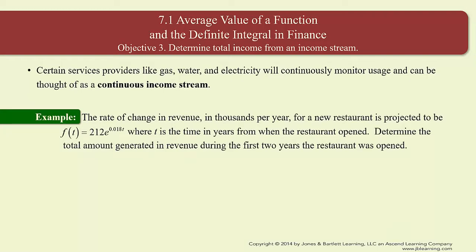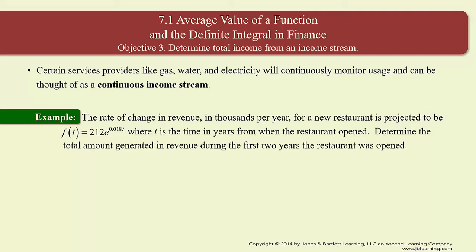So in our example here, we're going to look at the rate of change of revenue in thousands of dollars per year. For a new restaurant, it's projected to be f of t equals 212 e to the 0.018t, where t is the time in years from when the restaurant first opened. We're going to determine the total amount generated in revenue during the first 2 years the restaurant was open. So keep in mind we have a rate of change function here.